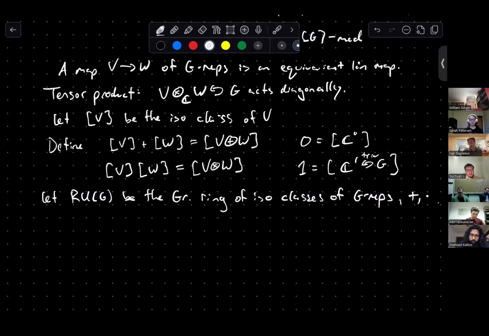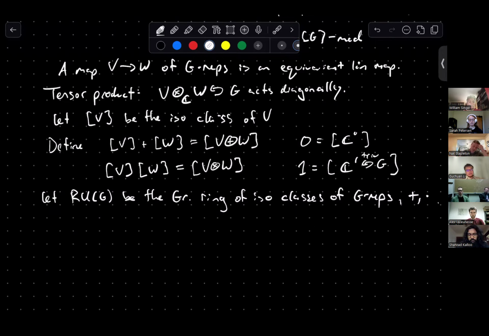And so this is a definition of the representation ring, but maybe it doesn't tell you how to think about it. And so that's our next goal, to discuss how to think about it. One important definition is the definition of an irreducible G representation. So a G representation is called irreducible if it has no proper non-zero sub-representations.